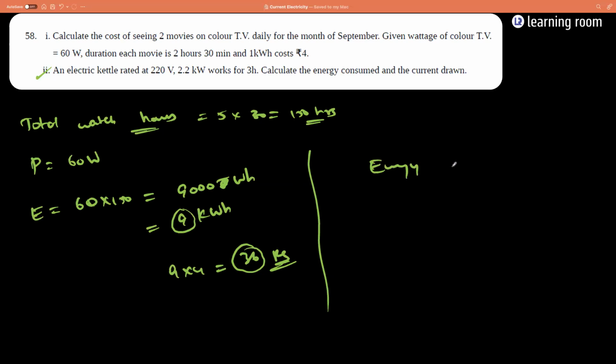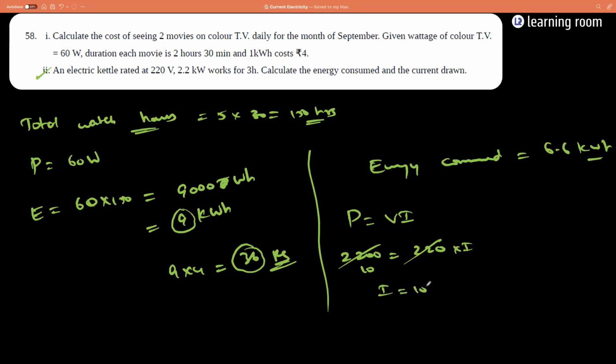So energy consumed will be how much? 6.6 kilowatt hour. Okay, that is easy. Calculate the current drawn. How will you calculate the current drawn? So P is equal to VI. What is the power? 2200 watts. 2200 is equal to 220 into I. So I will be equal to 10. So it draws a current of 10 ampere, right?